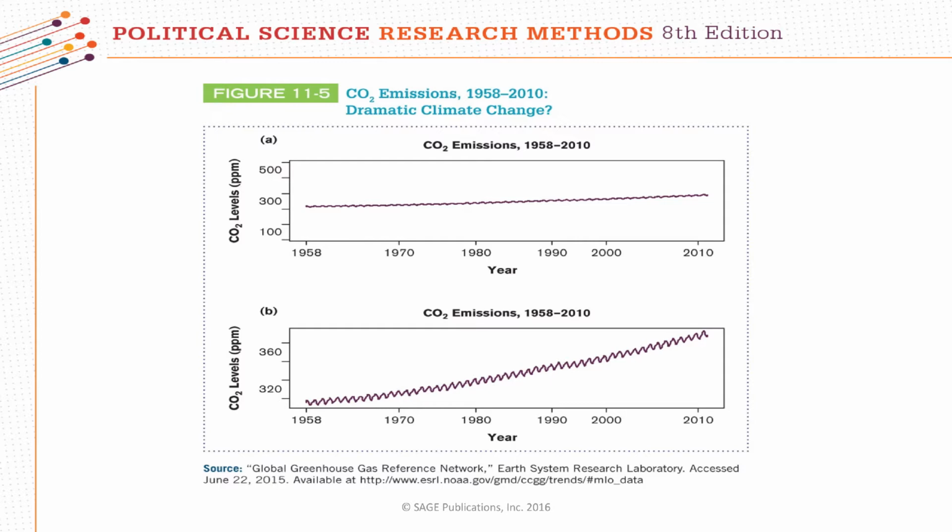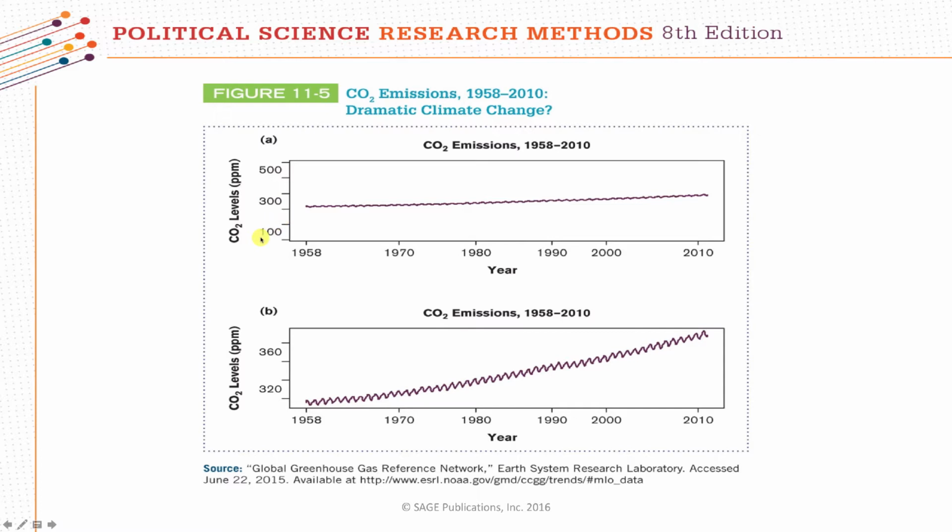But then we might also want to look at this graphically, which we have here, and we'll look at the x and y axis. So the x-axis is here, and the y-axis is here, right? If you look at the x-axis, the x-axis for both graphs is the same. And so what we wanted to concentrate on is the y-axis. What do you notice about the y-axis in graph A and graph B?